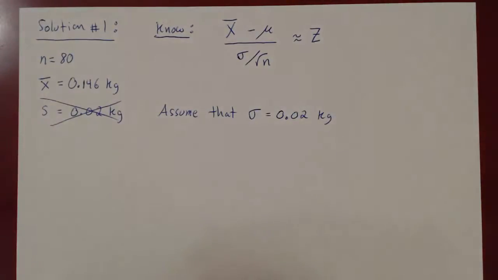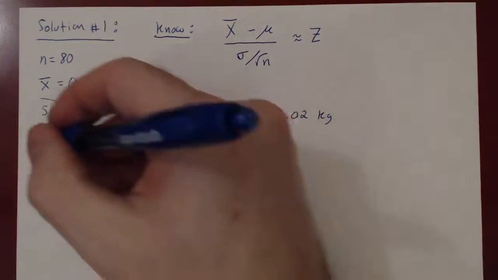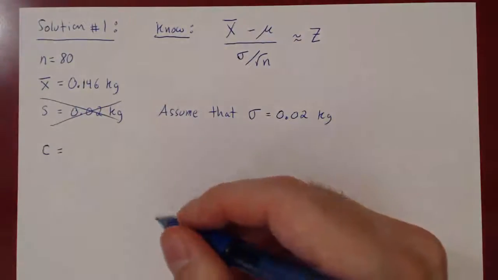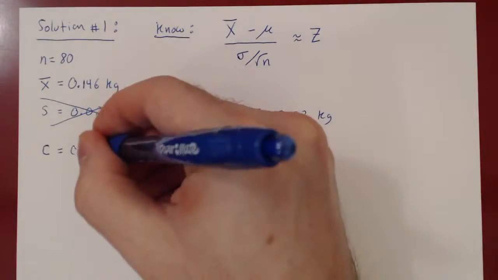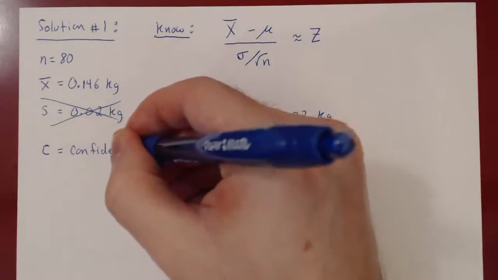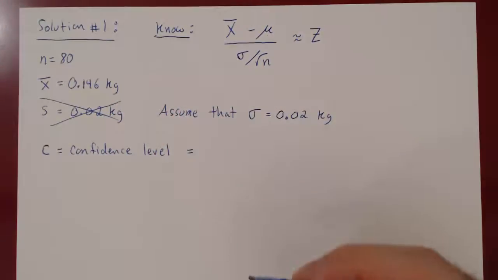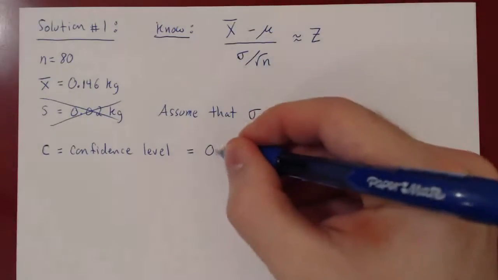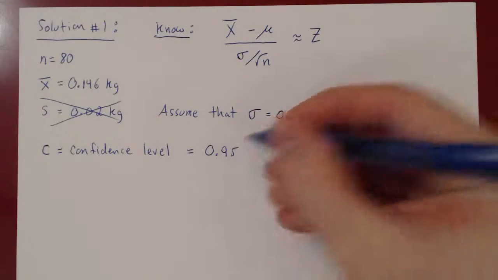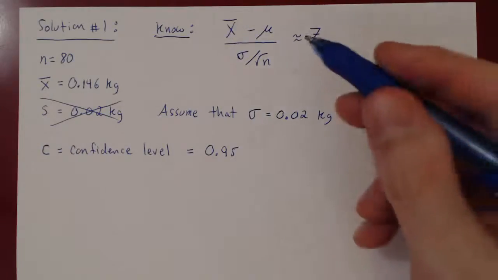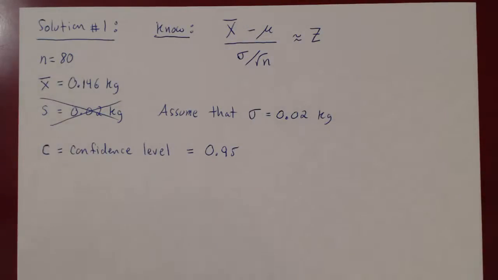All right, we want to remember a so-called 95% confidence interval. So we'll let C be the so-called confidence level. And here we chose our confidence level to be 95%, therefore 0.95. And you'll see that from this point, there's really nothing new in the solution.